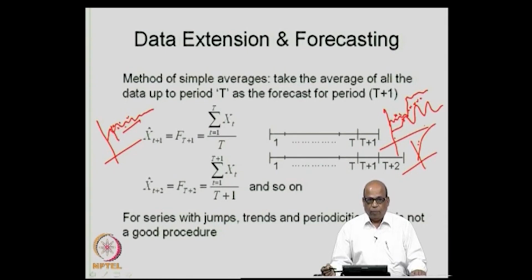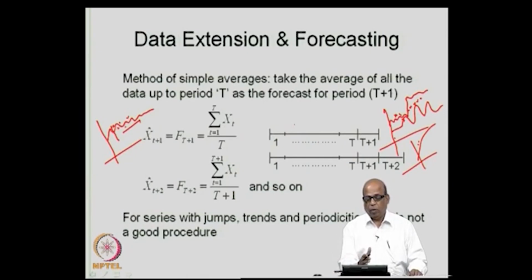An improvement of the forecast using the average method is not to take all the values, but to take the last few values which have occurred, and then use the averages computed using the last few values to compute your forecast. This is called the moving average method.